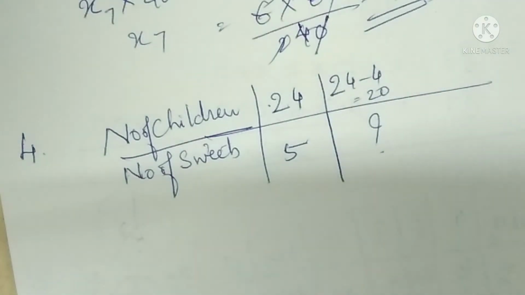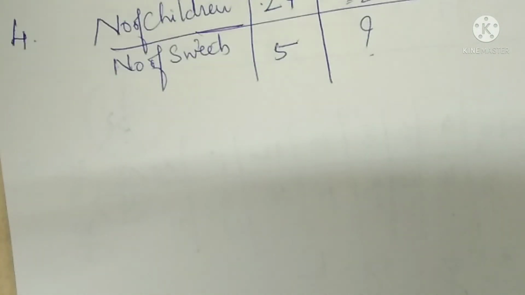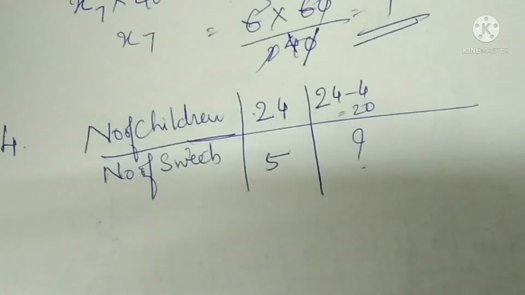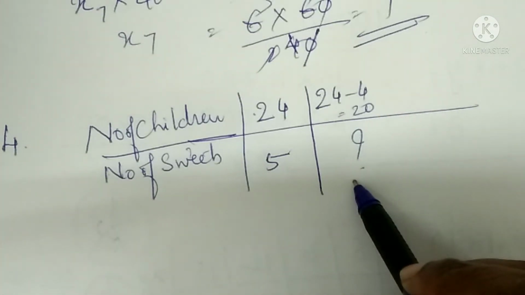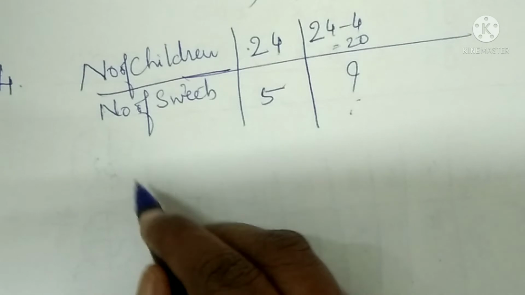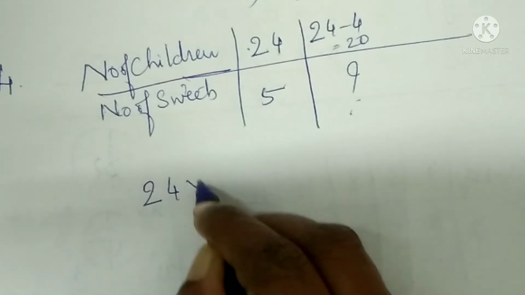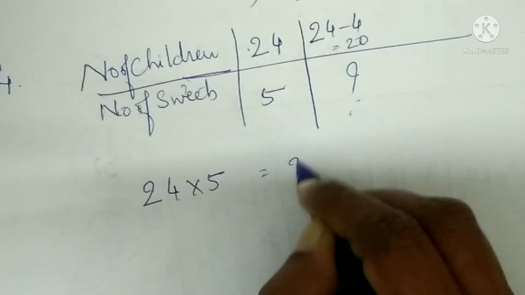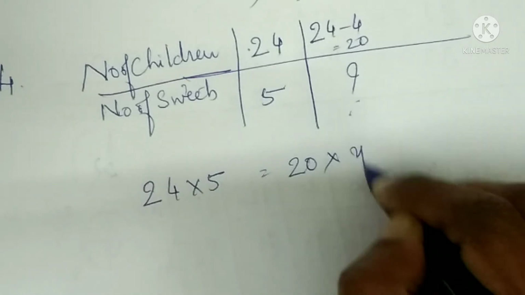What will be the sweets required? So again, when the number of children reduces, the sweets each one will get, increase or decrease? It will increase. So it is inverse proportion. So 24 into 5 is equal to 20 into y1.